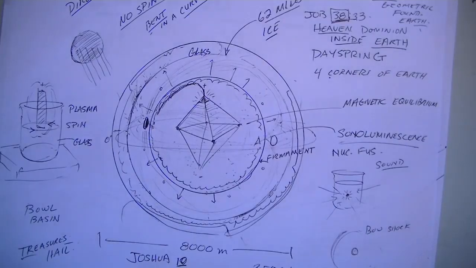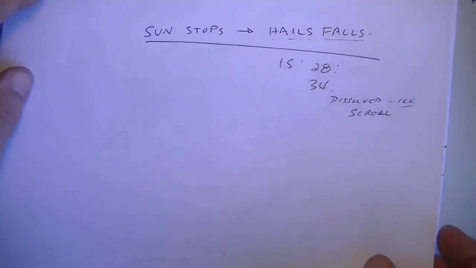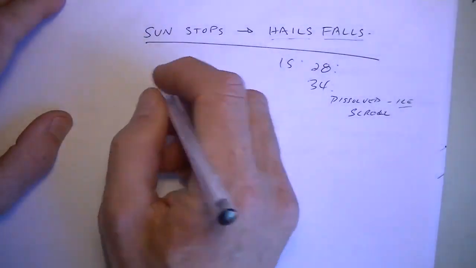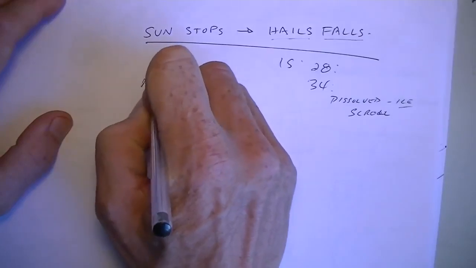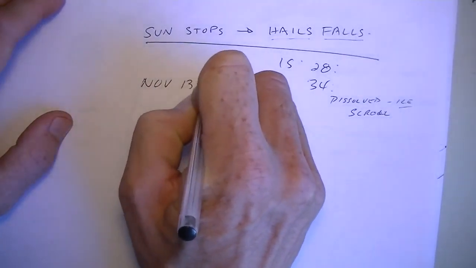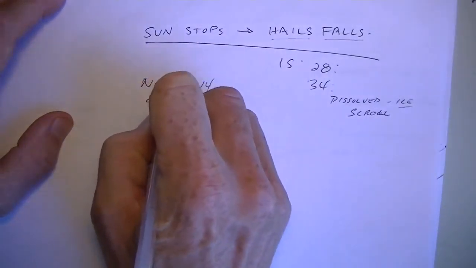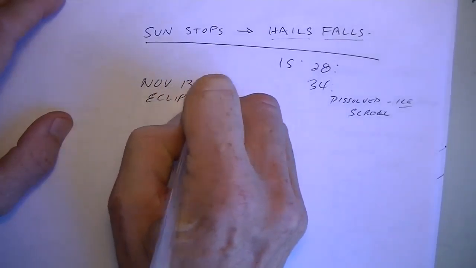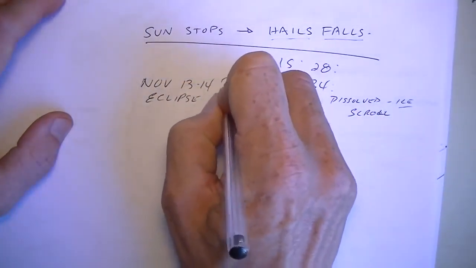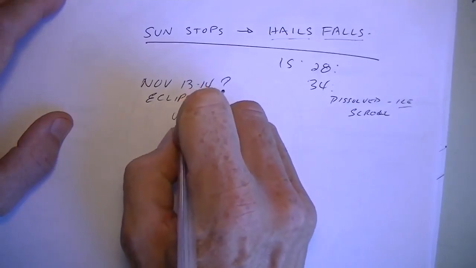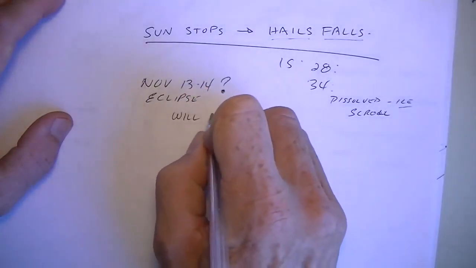There's also another verse, I can't find it now, but it says the sun will be ashamed. Why will it be ashamed? Because it's going to be hiding behind the moon. So I'm foreseeing this is a possibility. I'm not saying it's going to happen, but November 13th, 14th eclipse over Australia. Will the sun stop? Will the moon stop?